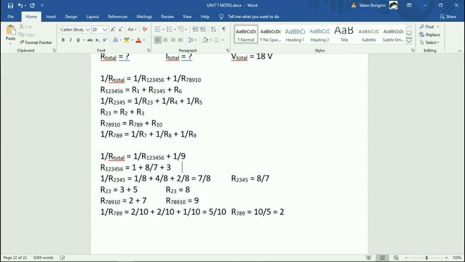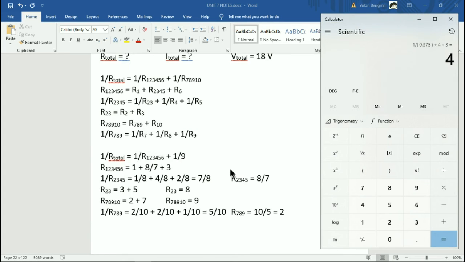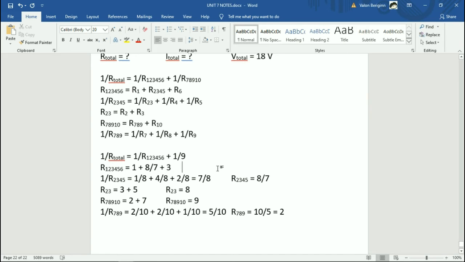So, let's see. So we have 4, 1 plus 3, plus 8/7, which is 36/7, I think? Hold on. 4 plus... Yes, 36 sevenths. Okay, again, I'm leaving it as fractions for a reason. So 1 over 36 sevenths is going to therefore be 7/36.